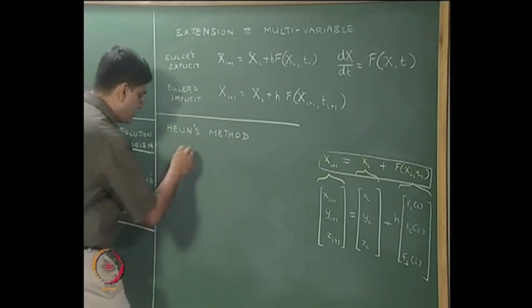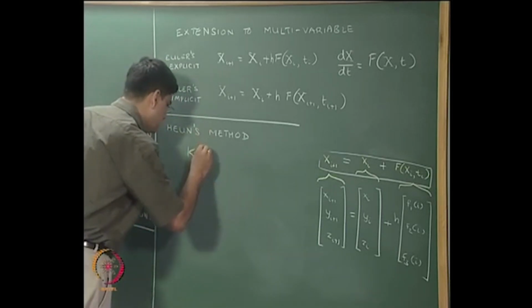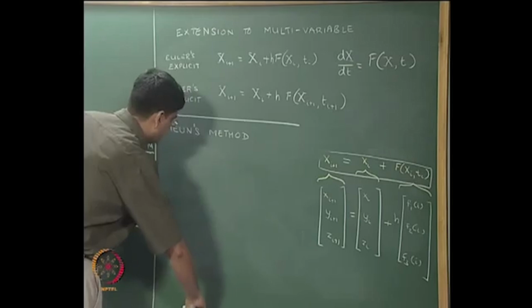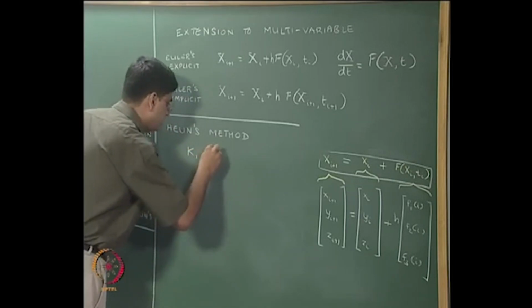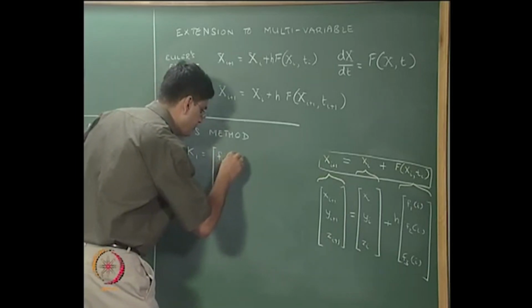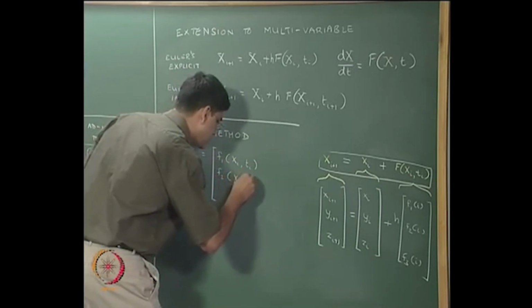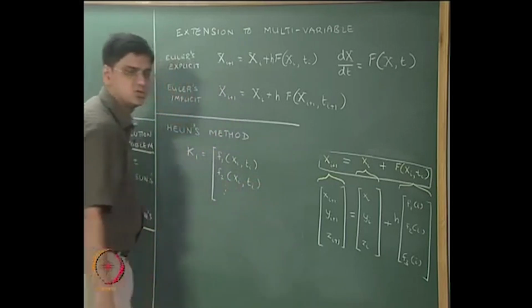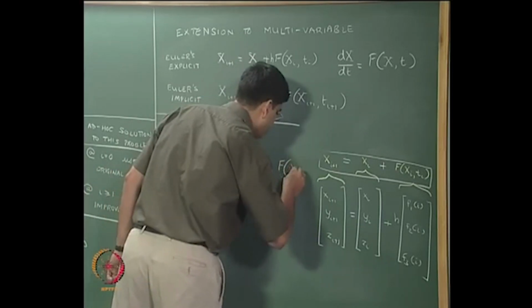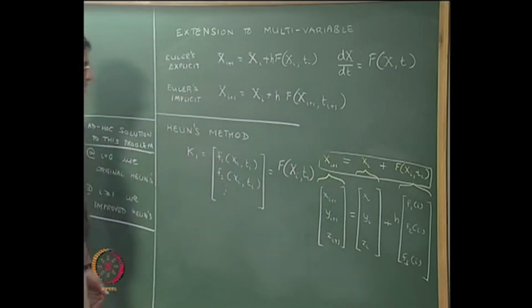In Heun's method, our capital K1 is going to be equal to f1 of xi comma ti, f2 of xi comma ti, and so on. Okay. So, capital K1 we can write as equal to capital F of Xi, ti. Okay.